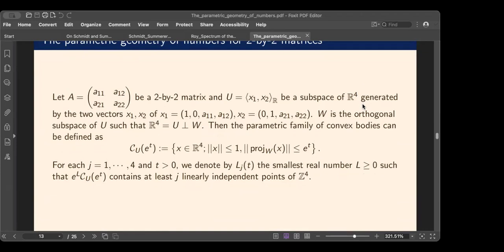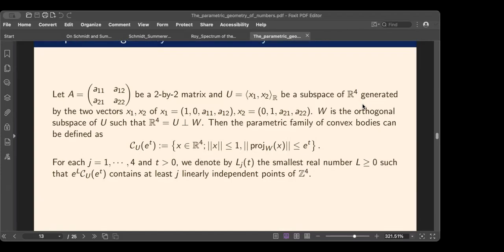So we can have this convex body defined by the 2-dimensional subspace U, which is similar to the vector case. And we use the same idea to denote the L_U function.